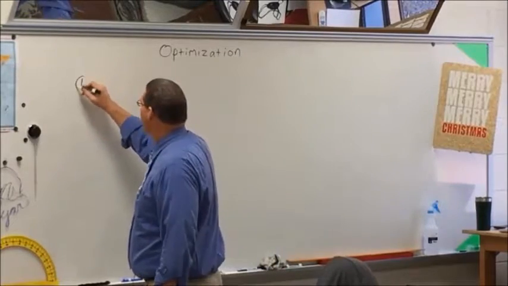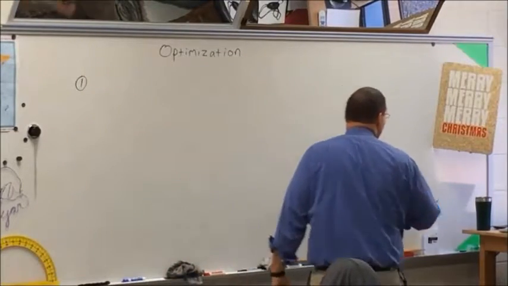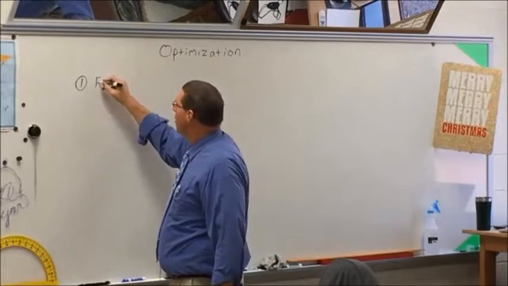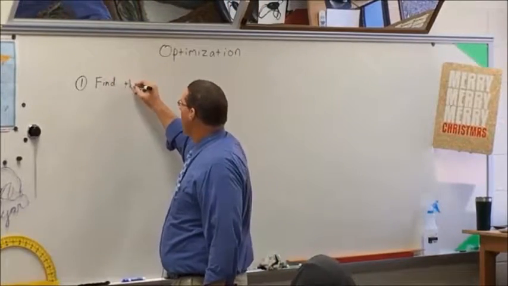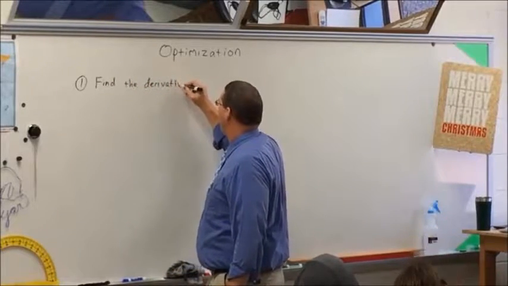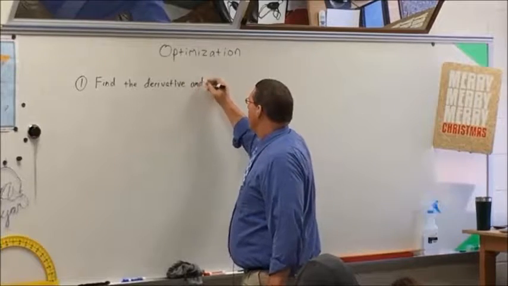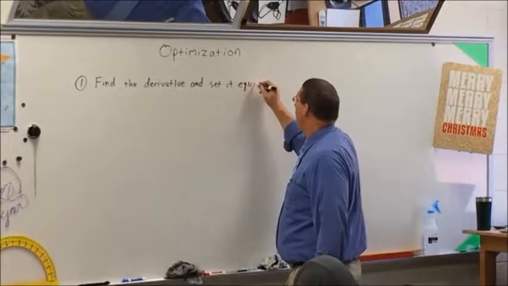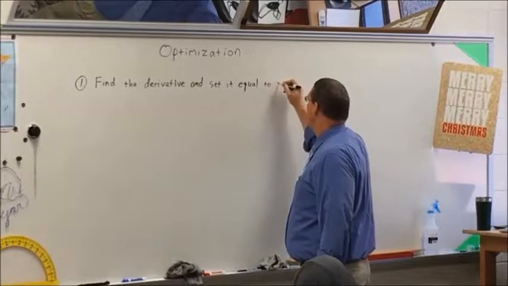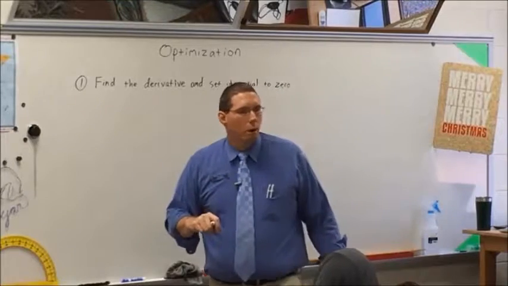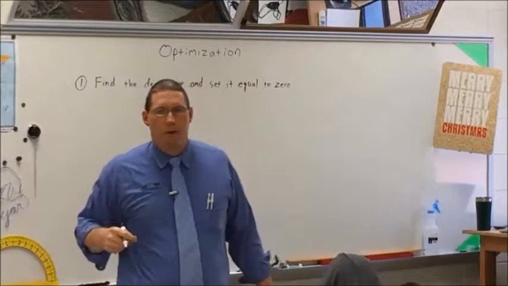Step 1, the very first thing that you're going to do is find the derivative and set it equal to 0. Why are we going to find the derivative and set it equal to 0?